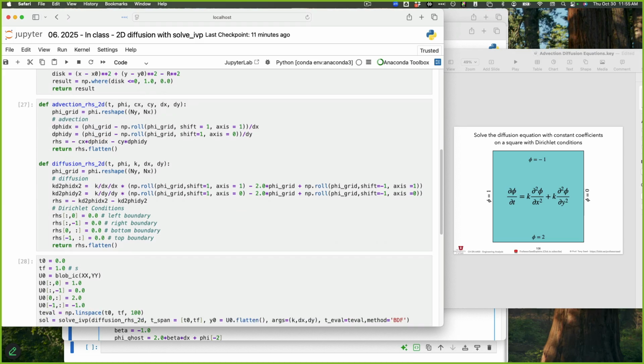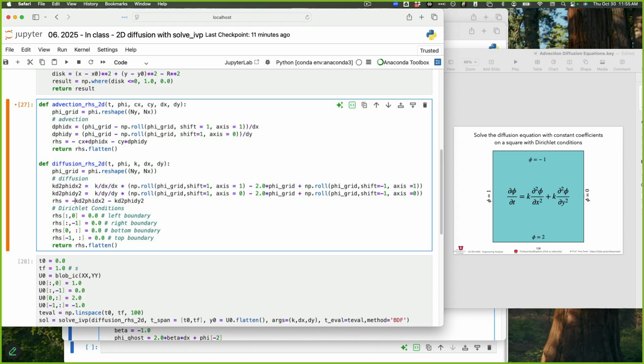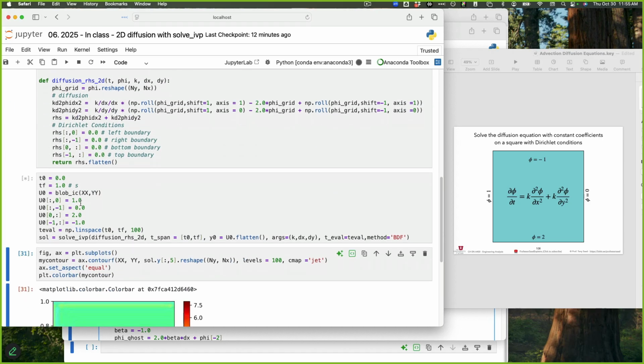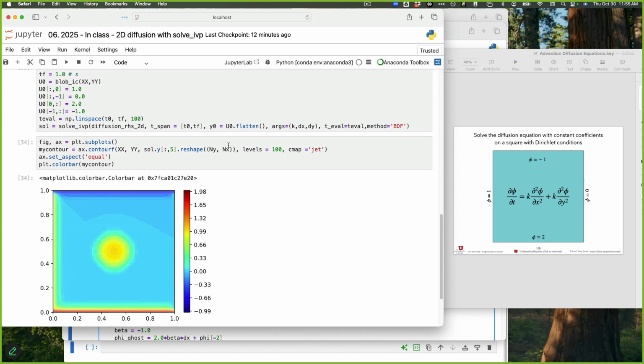Hold on, minus K H. So give me a second so I can figure this out. Oh, sorry, my bad. Plus. Never mind. Okay, I am sign challenged apparently.